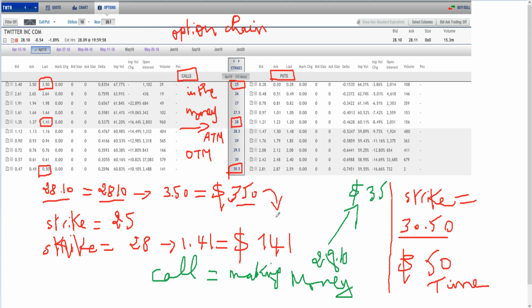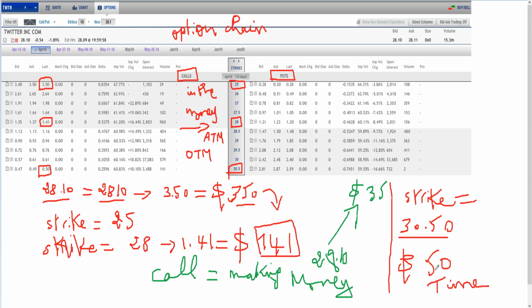Now, what is the good thing about options? The good thing is whatever you buy is what you risk. Okay? This is the good thing in terms of risk. Let's say here you buy at 28. You think that the stock will go up on Monday or Tuesday or Friday next week. So this 141, it can go to $200 or $300 or $400. So you will be making money. Okay?